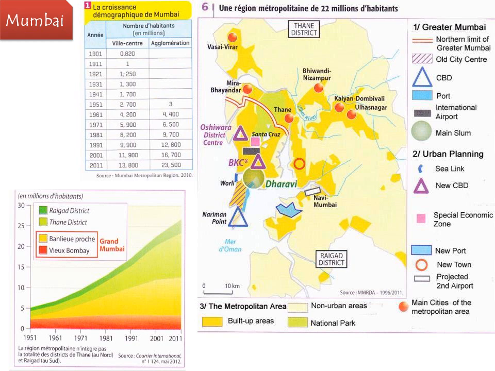Now with Mumbai you have a city that stretches over more than 60 kilometers to the north and to the northeast. And now the urban area is outside the limits of Greater Mumbai. As you can see on this map, the urban area has overtaken the limit of what is called Greater Mumbai, and Greater Mumbai was already conceived as an administrative zone for a very large and enlarged city.